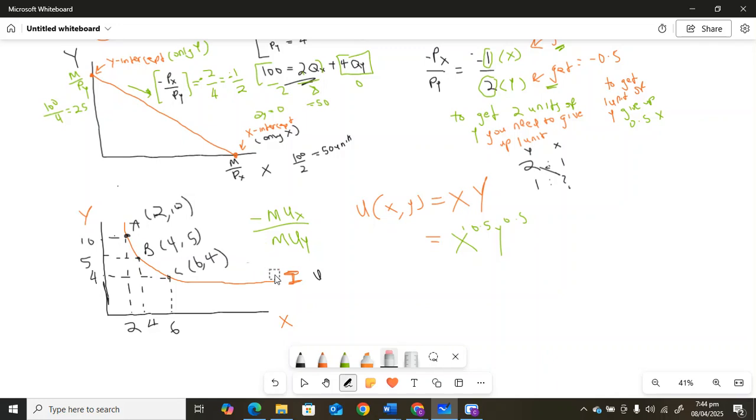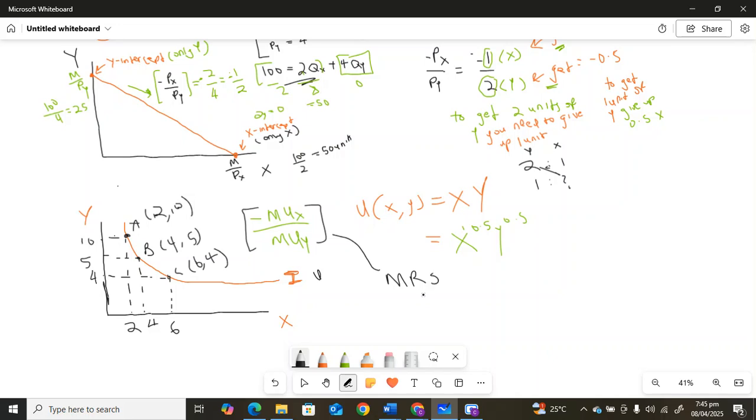Marginal utility is the additional satisfaction you get when you consume an extra good. So the slope of the indifference curve is represented this way, and this slope is called the marginal rate of substitution.